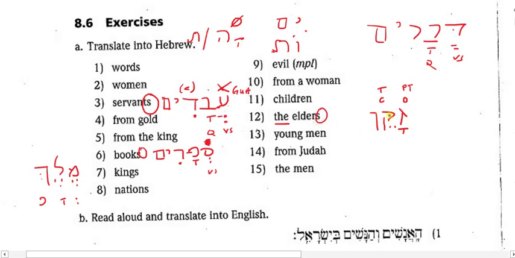Okay, so is Zakain here masculine or feminine? It's masculine. It's got no ending, right? So if I want to make it plural, I'm going to have to add what ending? Eem. Now notice, what kind of a noon is this at the end of the word? It's final. Once I add eem, can this stay final noon? No. So we have to modify it to the non-final form.